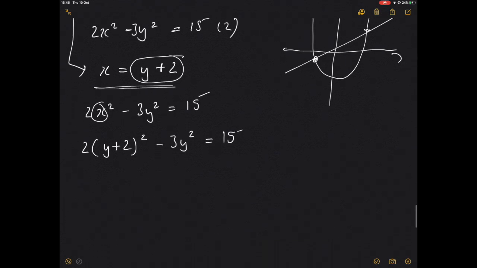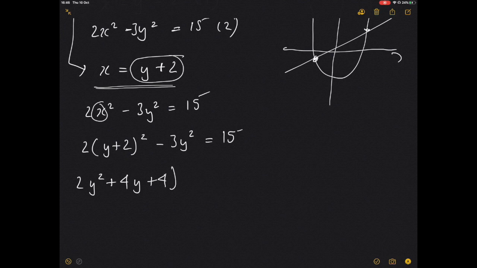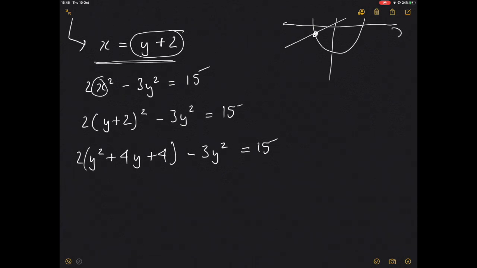Okay, so a little bit of expansion of brackets and a bit of fun here. We're going to expand our brackets, that'll be 2 times y squared plus 4y plus 4, minus 3y squared equals 15. Okay, so again, we can tidy this up a little bit further. We have 2y squared plus 8y plus 8 minus 3y squared equals 15.